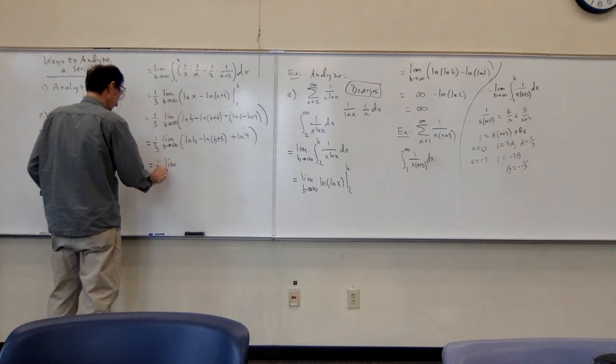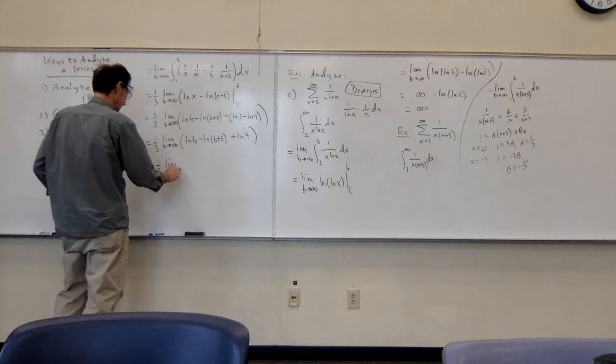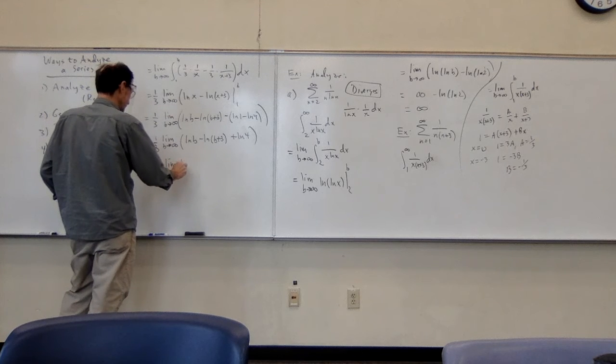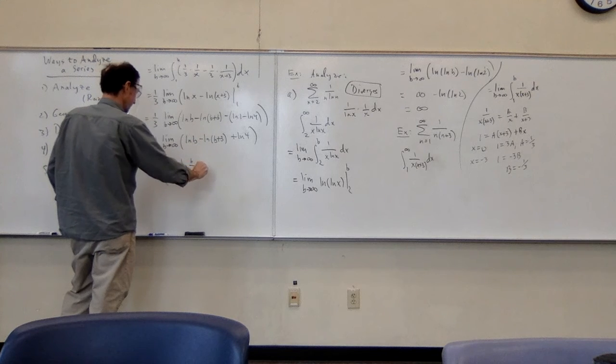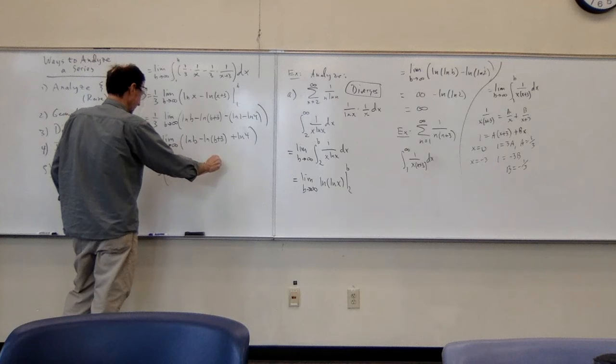We can use a log property. The difference of logs I can write as the log of the quotient, b over b plus 3. Then I have plus ln 4.